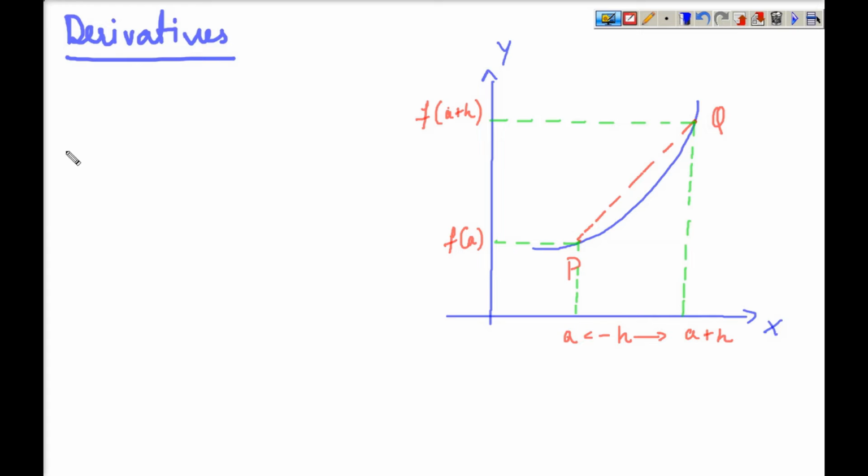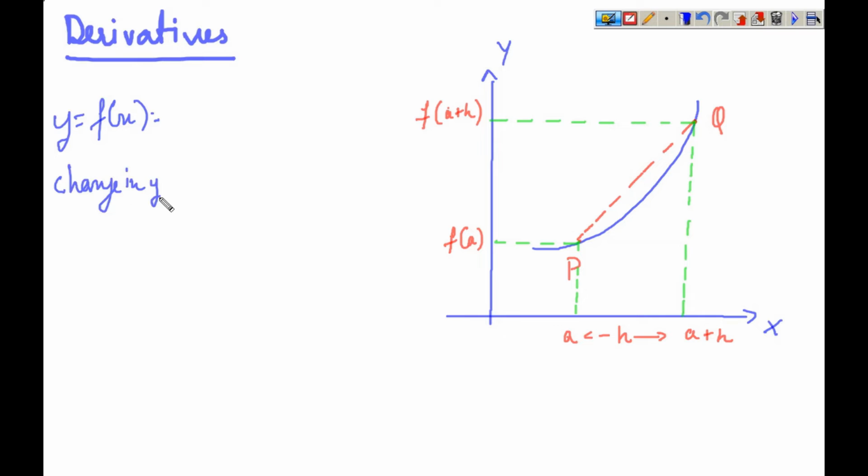So I can write it: if I have a function like y equals f of x, the derivative is defined as change in y by change in x, or change in the value of the function.